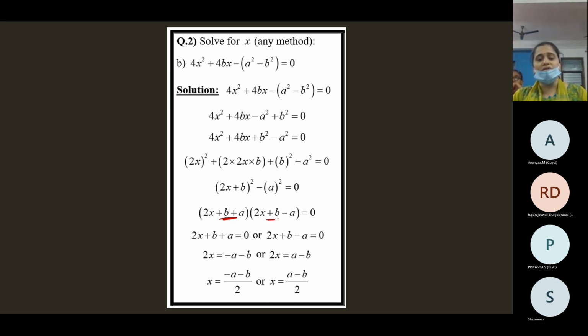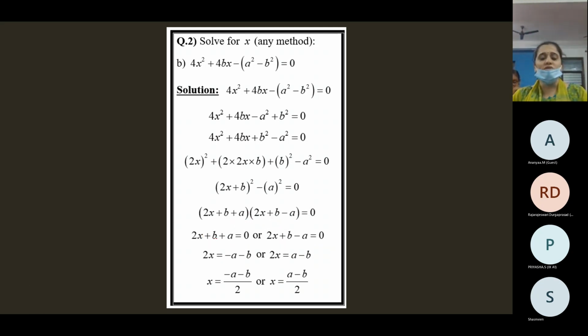So we got this product equal to 0. To find the values of x, equate each of these factors to 0. So either this one is 0, or this one is 0. And what are you solving for? You're solving for x. So have the x on one side, and transpose the others. Take b and a to the other side.